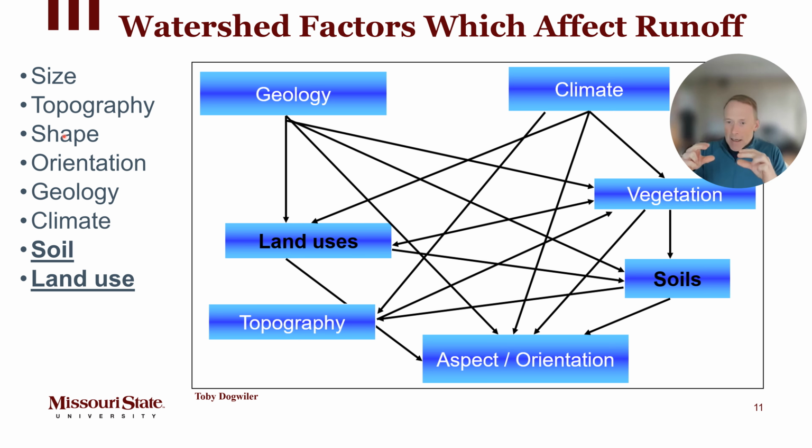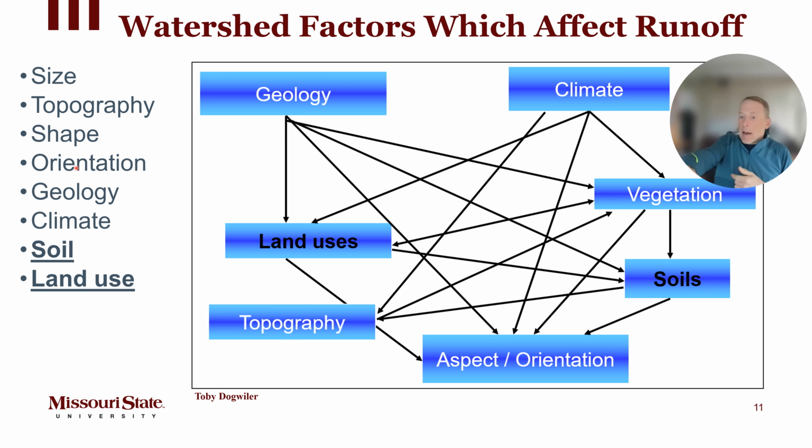In a narrow linear watershed, there's not as much time for those things to happen before the water finally reaches the stream. Orientation's the same way. Since most of our storms move from west to east, a watershed oriented east to west has the storm stay on top of it for a long time, which means it'll dump more rain.